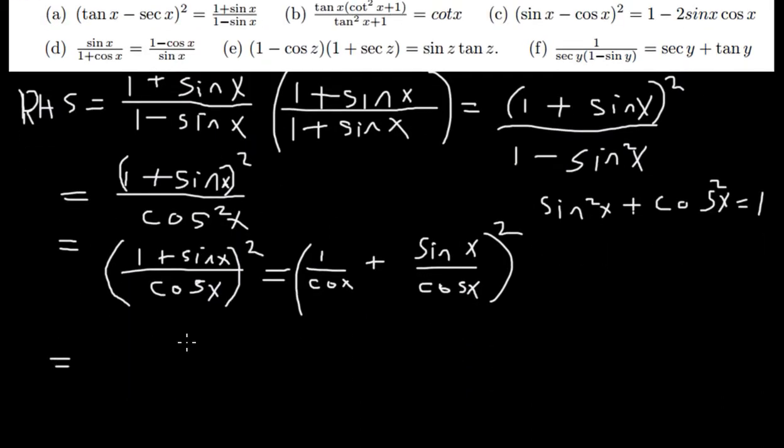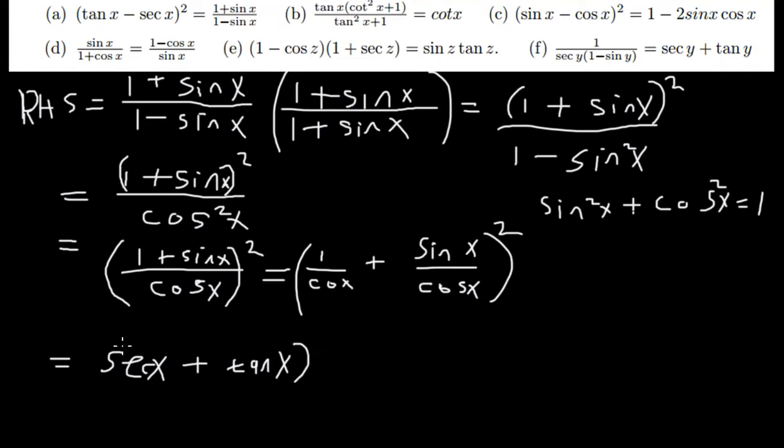So from there what you do is 1 over cos x is just the same as sec x, and then plus sine over cos is just the same as tan x.